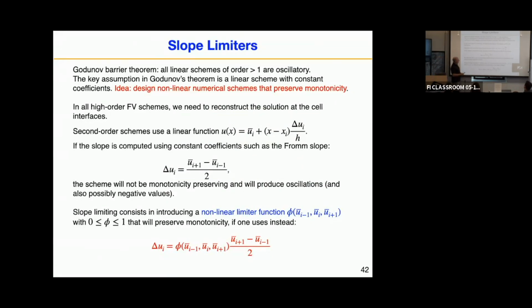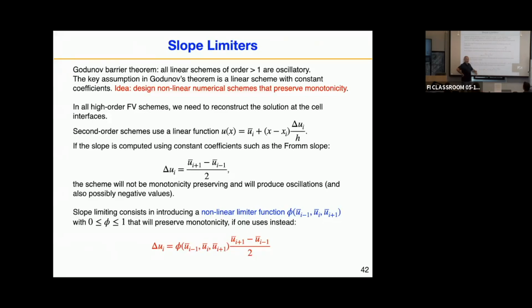And so the idea is that you will replace, so that's the linear version of it, where delta u is given by a linear function of u_{i+1} and u_{i-1}. You're going to replace this by a non-linear function that is called a slope limiter, which is between 0 and 1. And you multiply the linear slope by this phi.